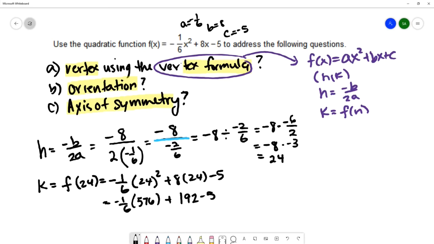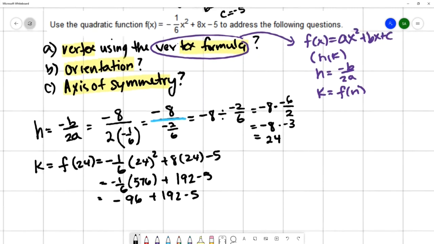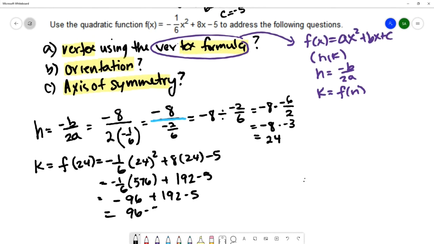And I need to know what 576 divided by 6 is. That is 96. So we've got negative 96 plus 192 minus 5. And 192 minus 96 is 96. 96 minus 5 is 91. So now we've got our vertex being (24, 91). So we've got part A done.